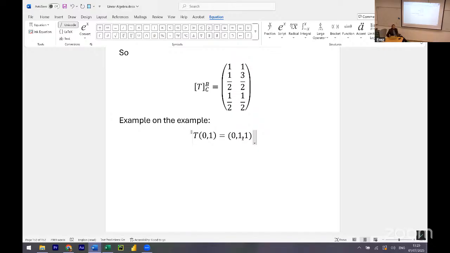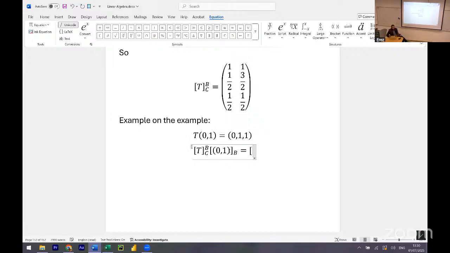Now let's look at the equivalent equation using the coordinates. So instead of T, we will write the representing matrix of T. Instead of (0, 1), what should we write here? Based on the base of B. Exactly, the coordinates of (0, 1) based on B. And what do we expect to get here?